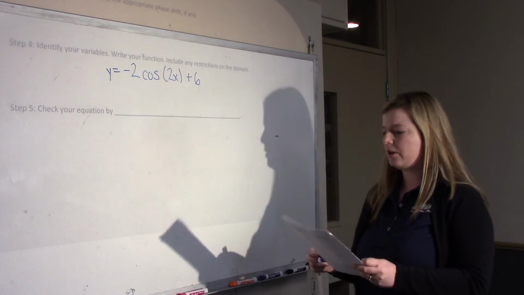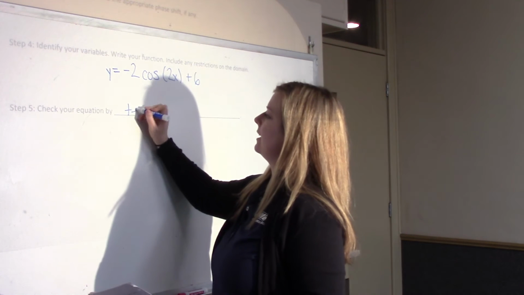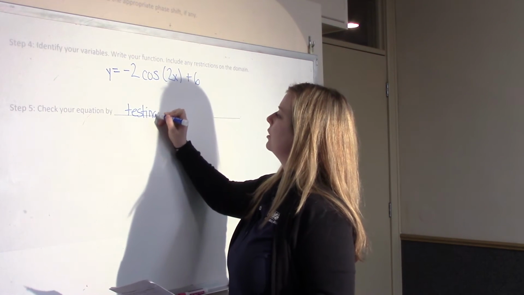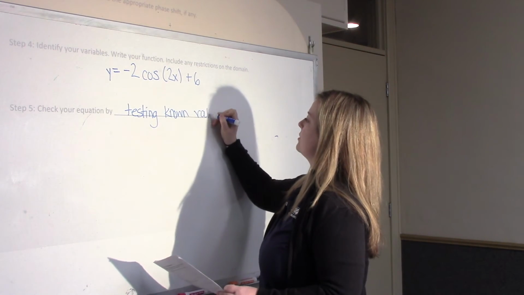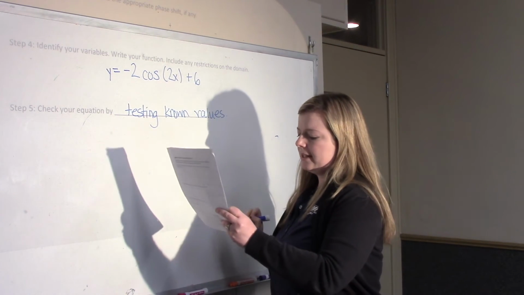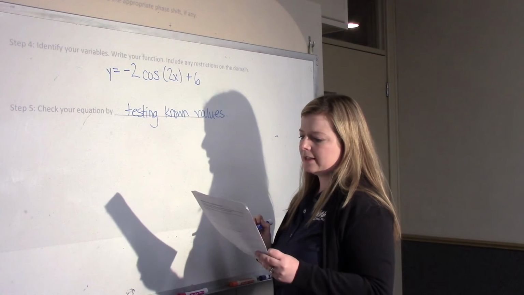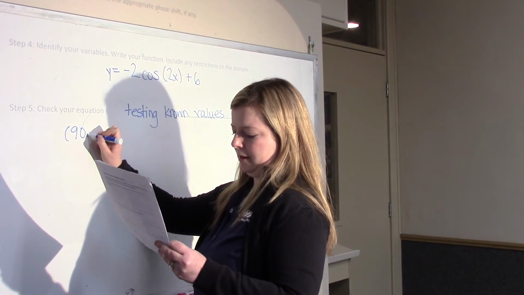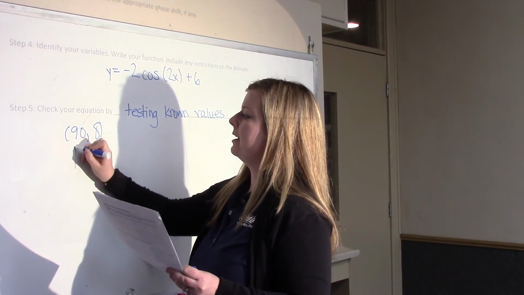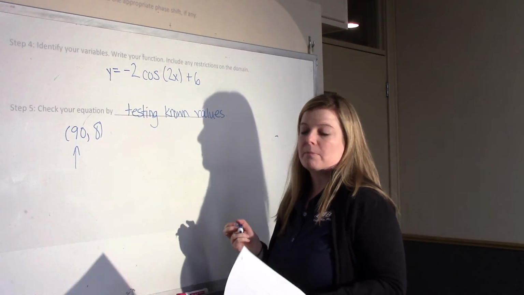So you can check your equation by testing known values. So for instance, we were given the point up there, like 90, 8. So sub in 90 and see if it pumps out 8.